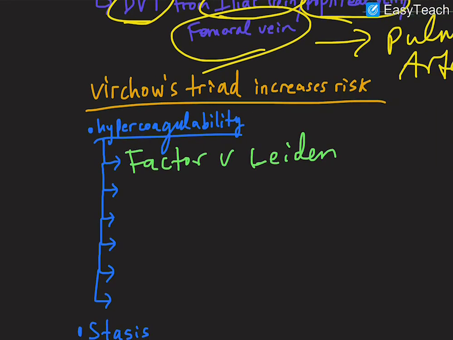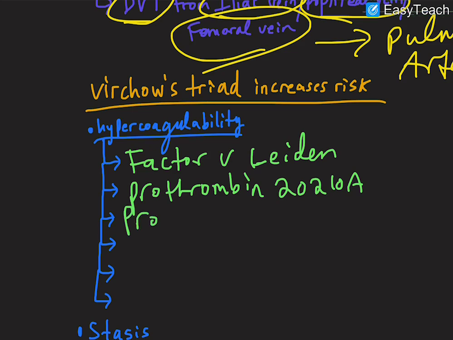We just made a video on this, but what about prothrombin 20210A? Remember, this leads to an increase in levels of prothrombin in your blood, which means more thrombin formation, more fibrin clot formation. So more clotting, again, more hypercoagulable.